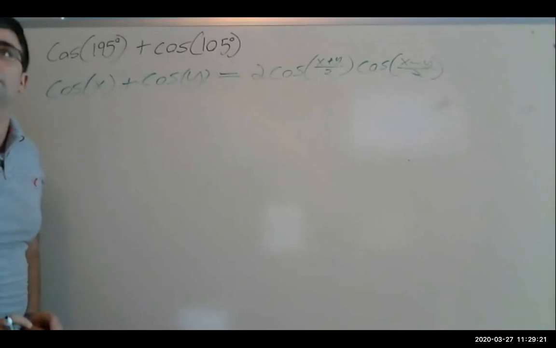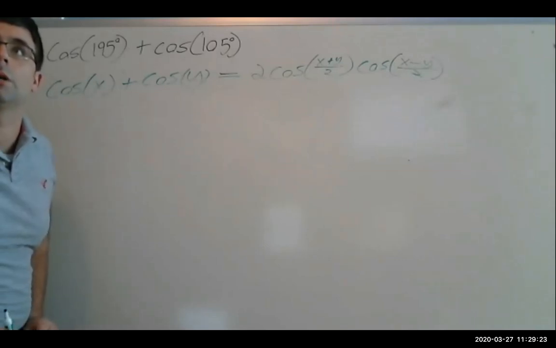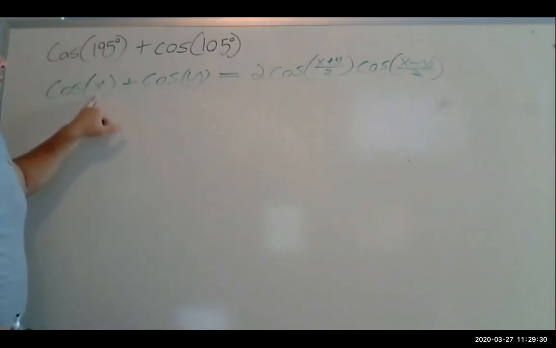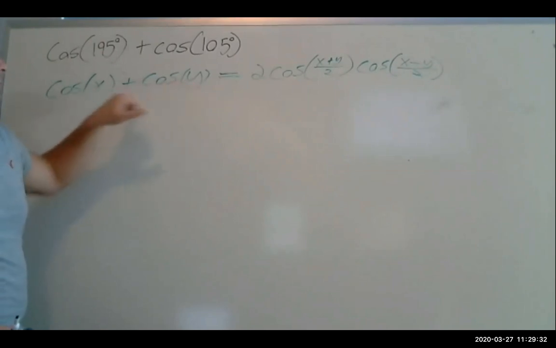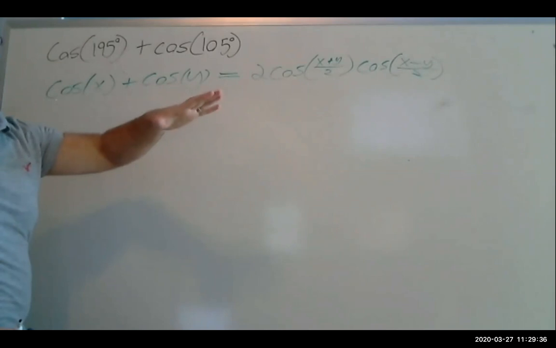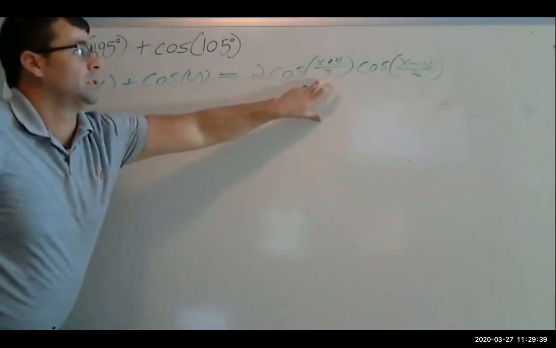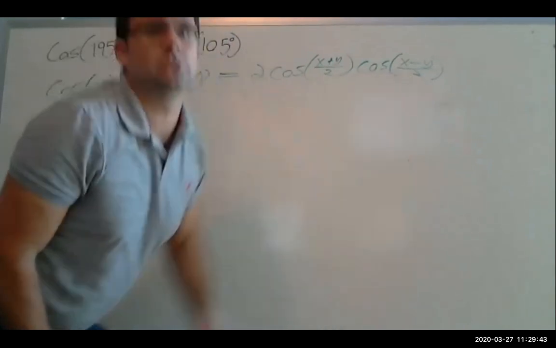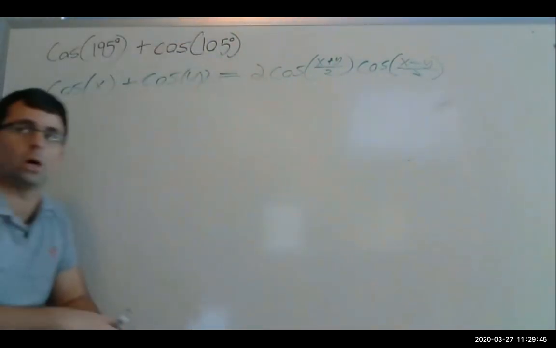Hope y'all can see that. I'm getting some weird blur going on. This is what I was talking about a second ago, going from the two numbers, x and y, and converting them into their average, x plus y over 2, and their deviation, which is x minus y over 2.